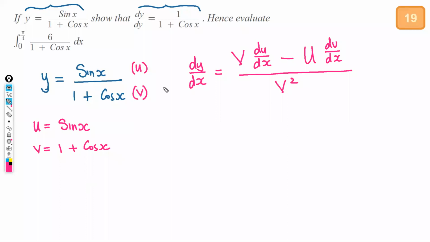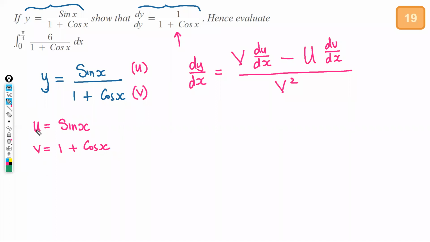So take it from there, and when you differentiate it and simplify it, you're supposed to get this answer. So the examiner is giving you the answer to work towards, but you just have to provide the working to back it up. So the top part is u, the underneath part is v.